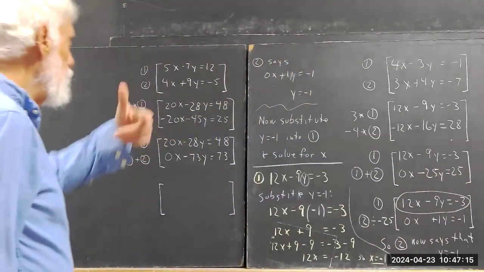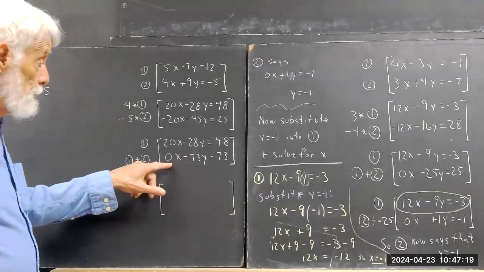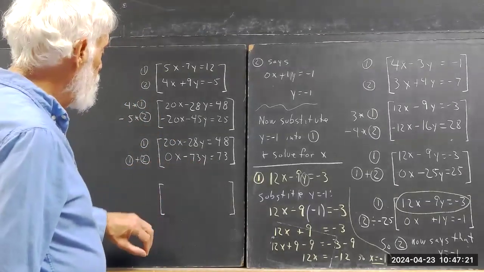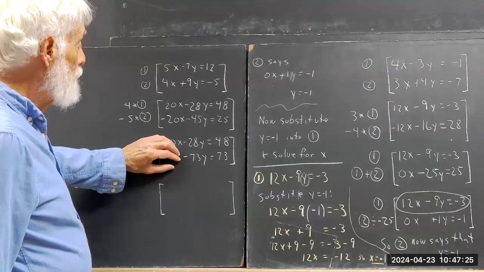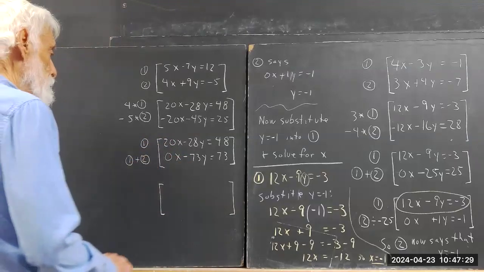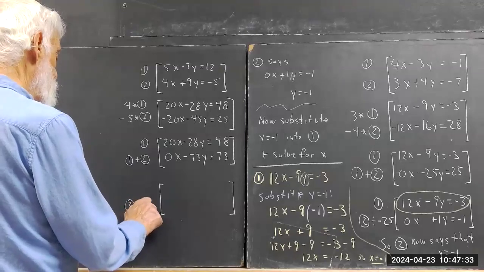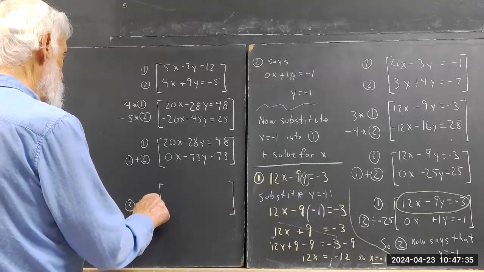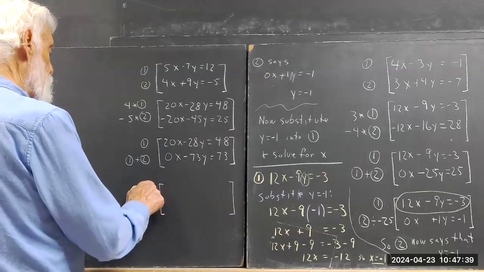Now, over here, it's not negative 25, it's negative 73, right? We want to solve this equation, which is basically just negative 73y equals 73. We have to divide by negative 73. So we do equation 2 divided by negative 73.